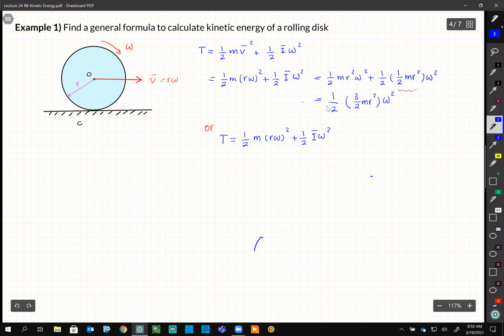So the same things here. But this time, let's simplify it like this. 1/2 and then m r squared plus I bar, omega squared.